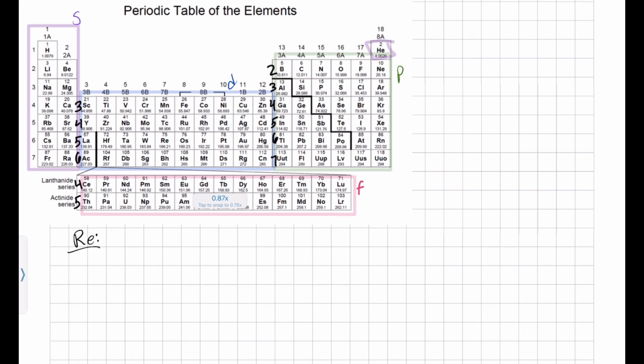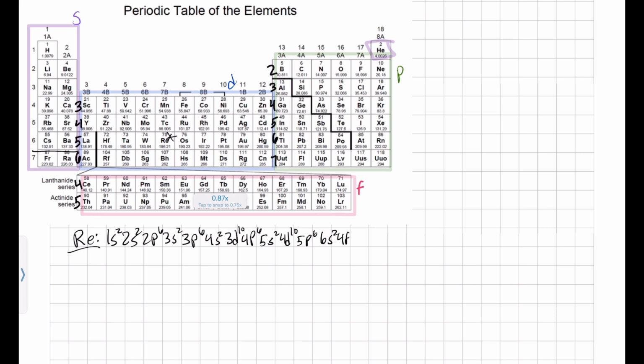Now let's try to write the electron configuration for Re. And again, we're gonna start like we always start, and then let's stop at 6s2. And when we get to 6s2, we go down to the f orbital at 4f.